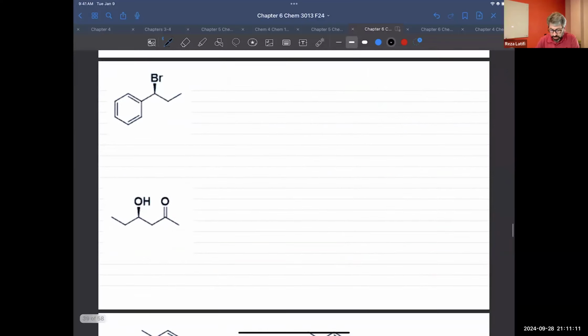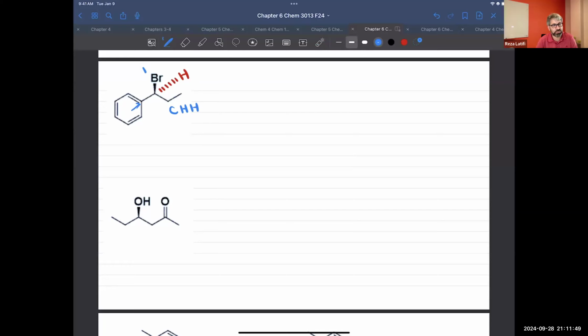Okay, how about here? Here you have bromine facing you. That means hydrogen is at the back of the molecule. Let's assign the priority. We go number 1 for bromine. Now between these two carbons, you need to ask yourself, what do we have attached to that carbon? We have a carbon and also 2 hydrogens. And how about that carbon?